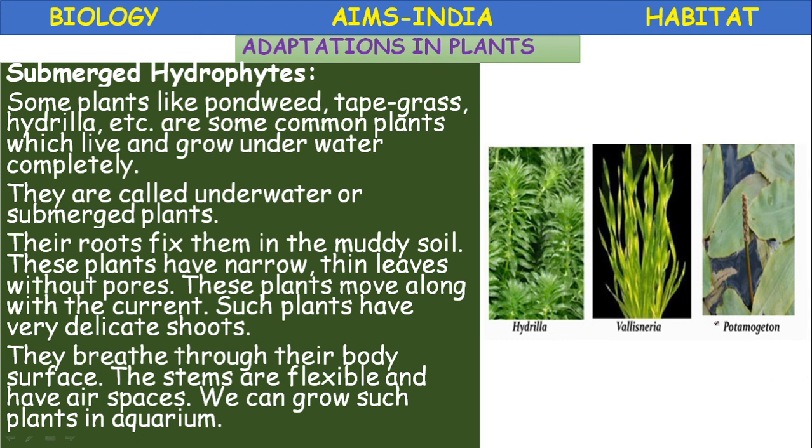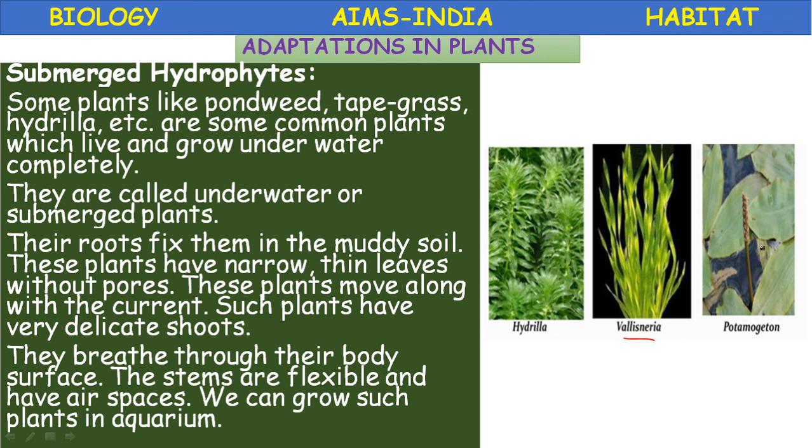See here, Vallisneria, tape grass, hydrilla, Potamogeton. These are all the water plants which can grow inside. Okay, they clean the water. They add oxygen to the water, and they absorb the carbon dioxide released by the animals in the pond.